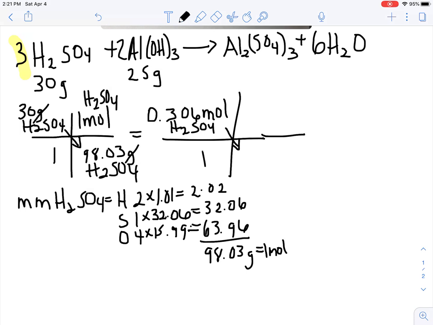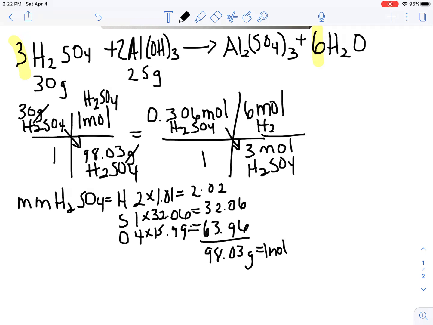It's 3, so moles goes on top of H2SO4: 3 moles of H2SO4. They want us to change it to one of our products. I'm going to choose water because the molar mass of water is really easy. We should already know that. My coefficient is 6, so that's what goes on top, so I can switch it.